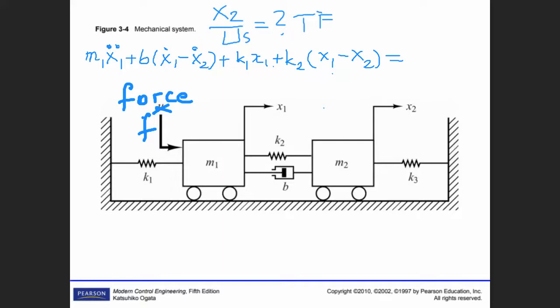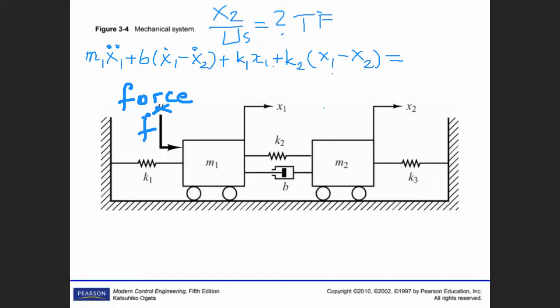Amin says it's F. Is he right? Okay, I'm not going to spend time. Thank you, Amin.